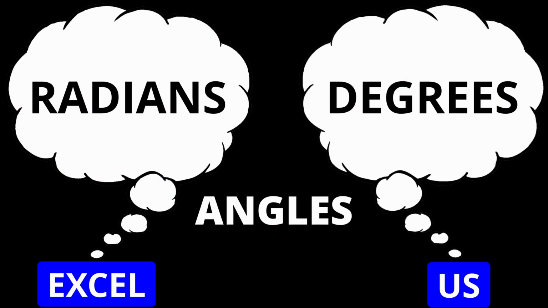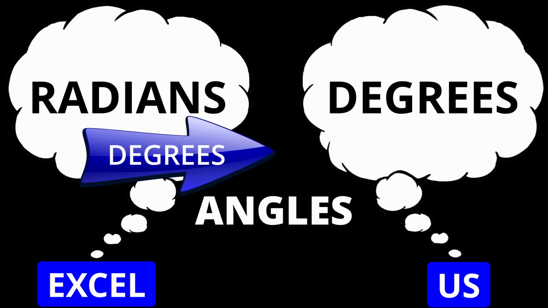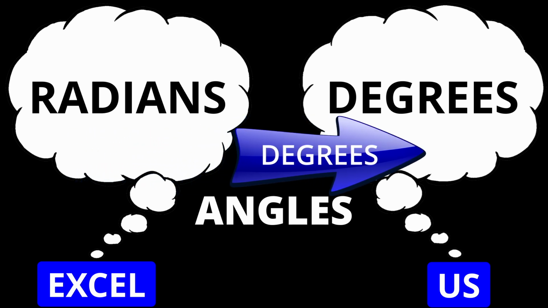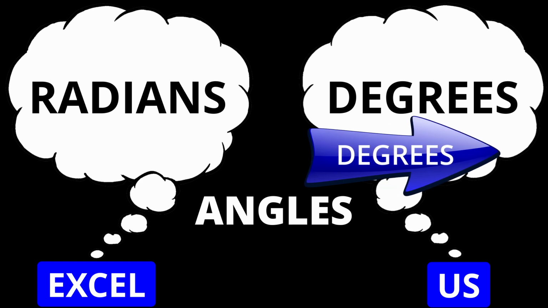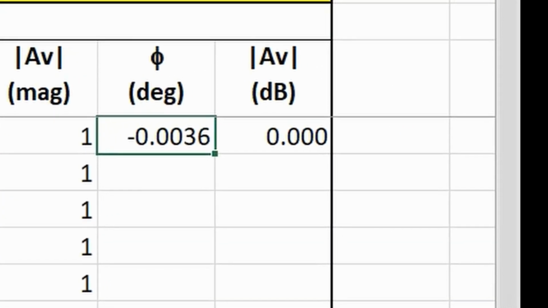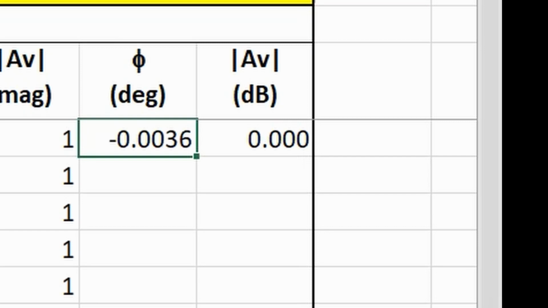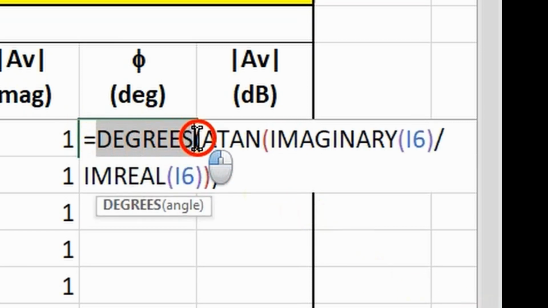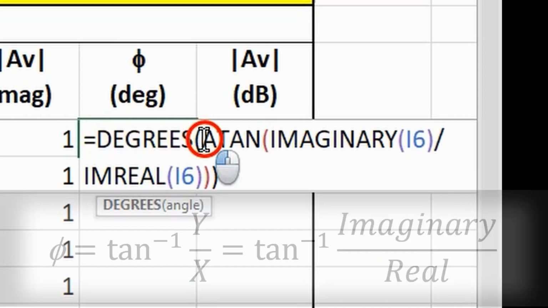Furthermore, Excel thinks about angles in terms of radians, and we think of them in terms of degrees. So we use Excel's DEGREES function to convert the angle reported by Excel in radians into our familiar degrees. So we enter the following formula into K6. DEGREES, this is what translates the radians to degrees.